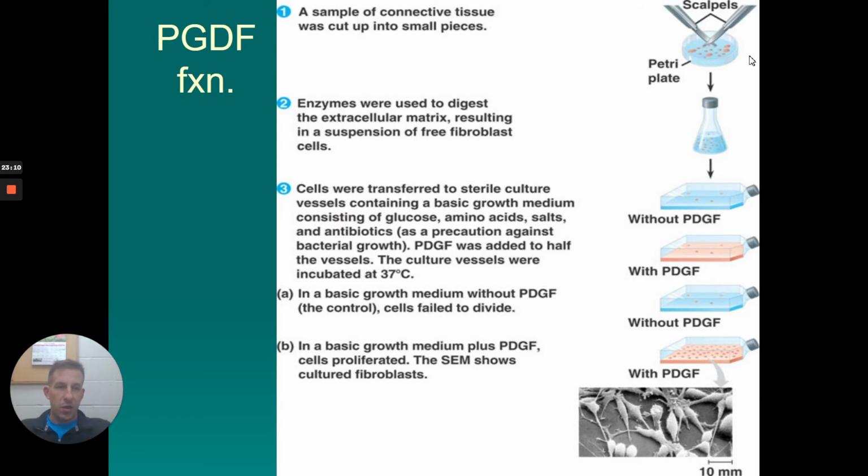I'm not going to spend a whole lot of time analyzing it. If this is something that you would like me to explain to you in class, please by all means let me know. That's what class time is for. That's why we do these lectures a little bit quicker here, and class time is for discussion of diagrams like this. But PDGF, once administered to cells, stimulates them to divide.